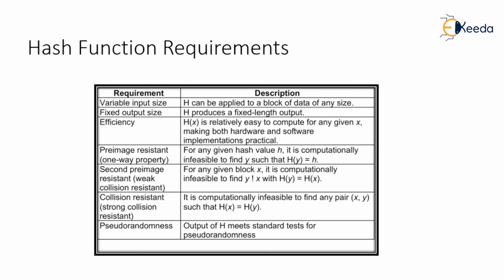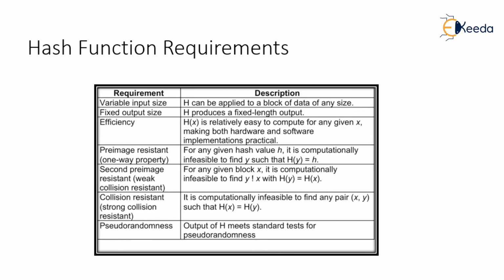Second preimage resistance, that is the weak collision resistance, for which, given a block, suppose X, it is computationally infeasible to find Y such that the hash of Y equals the hash of X. It is computationally infeasible to find any pair, which we have seen in collision resistance. Pseudo-randomness: the output of H meets standard tests for pseudo-randomness.